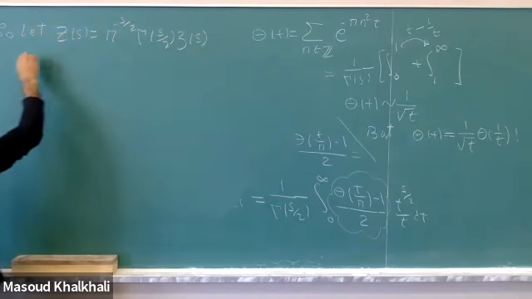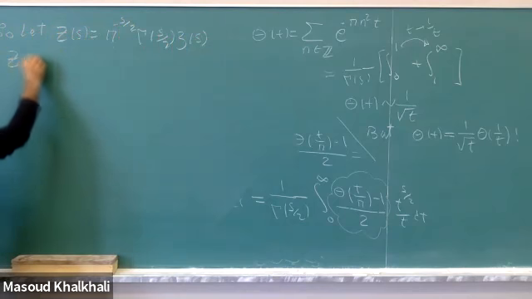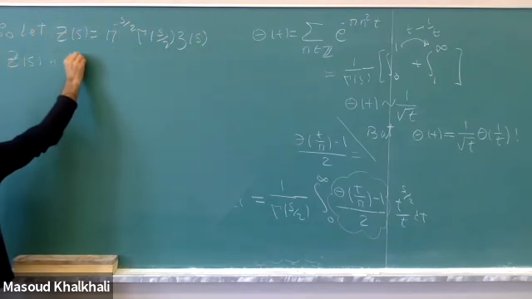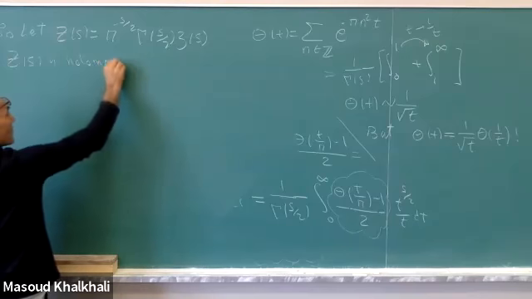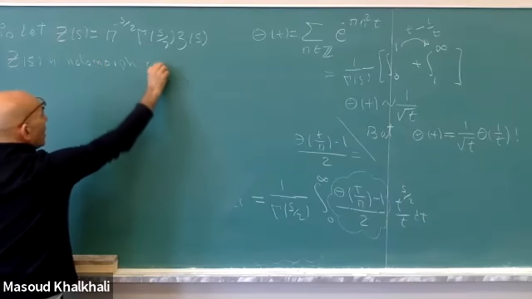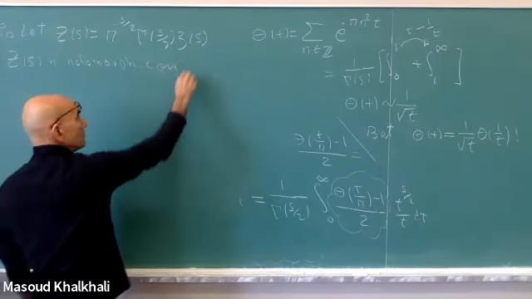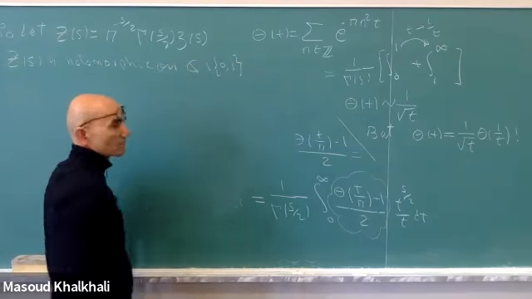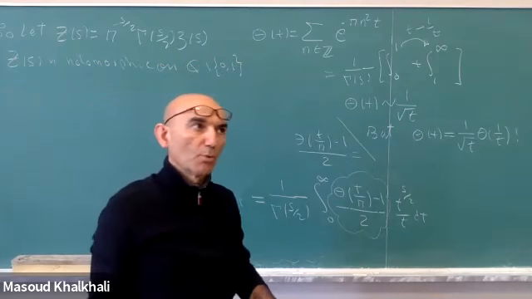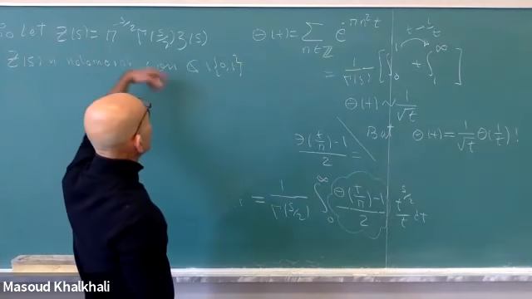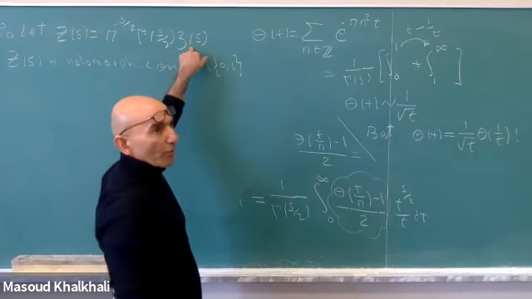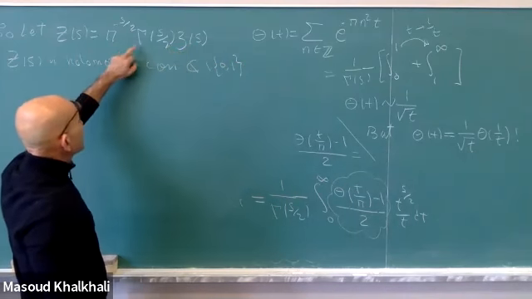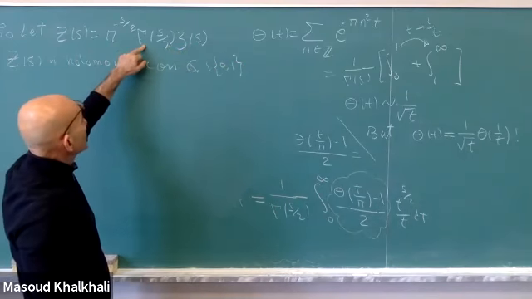This function Z(s) is holomorphic on C minus 0 and 1. We know that it is holomorphic because zeta is holomorphic away from 1, and gamma is holomorphic away from 0 and everything else.